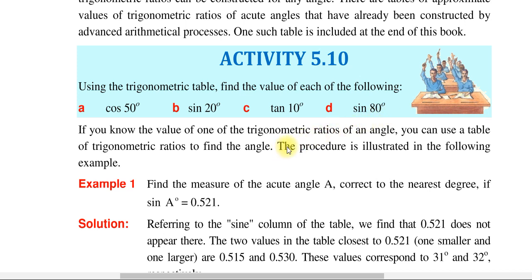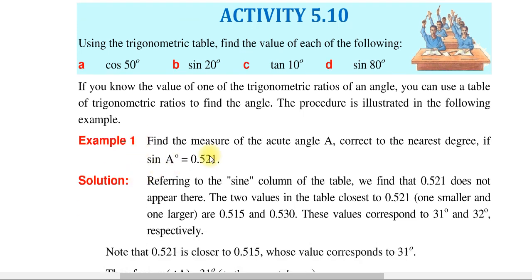If you know the value of one of the trigonometric ratios of an angle, you can use the table of trigonometric ratios to find the angle. The procedure is illustrated using the following example.